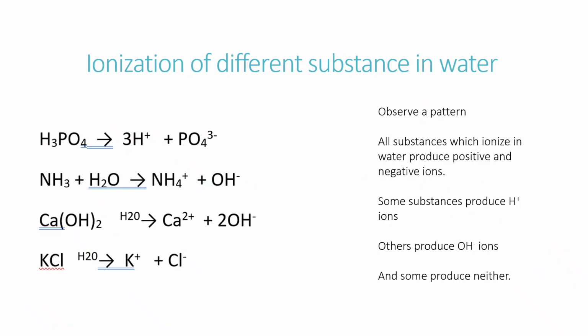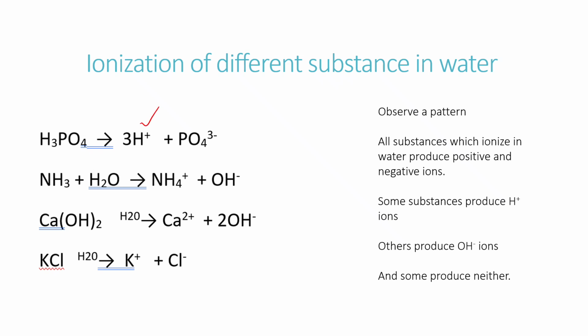As you can see, different substances ionize in water in different ways. You can see here four different examples. Now you might see some sort of a pattern here. In some cases, you have an H plus ion as one of the products.